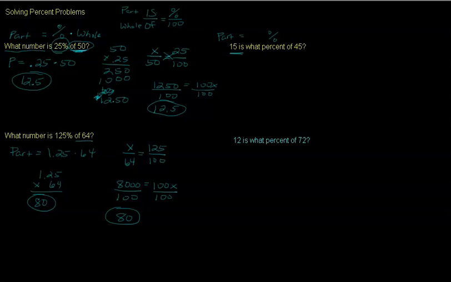So 15 is times the whole. All right, so we're going to have 15 equals 45 times a percent. Okay, so we divide by 45. All right, so 45 goes on the outside. 15, obviously that's not going to work.